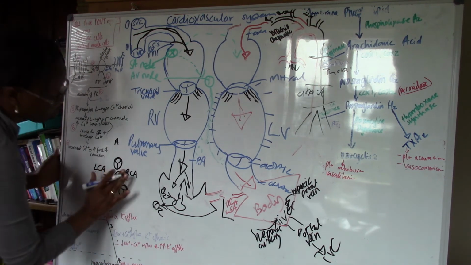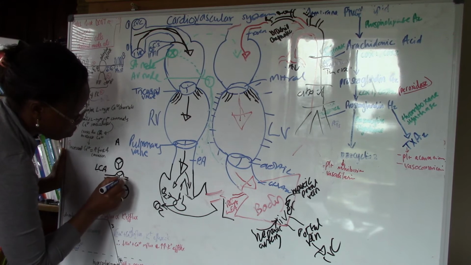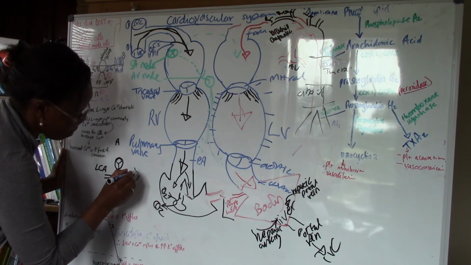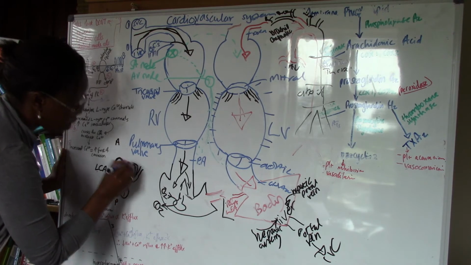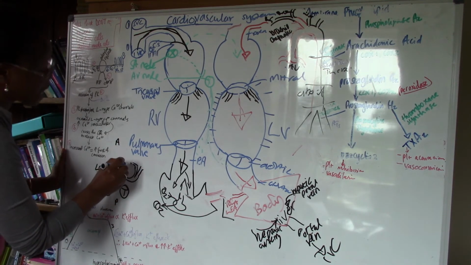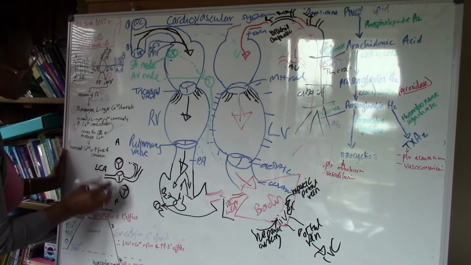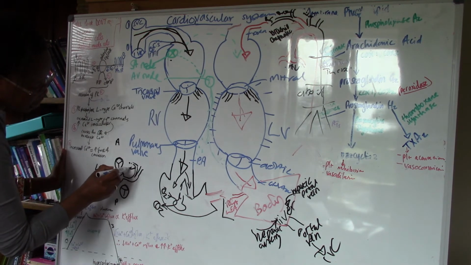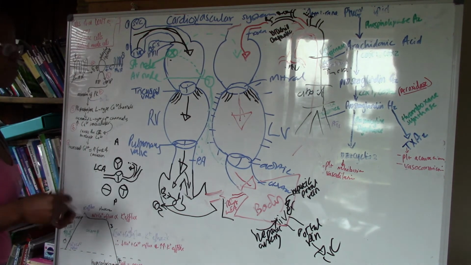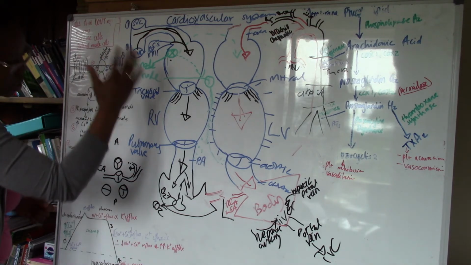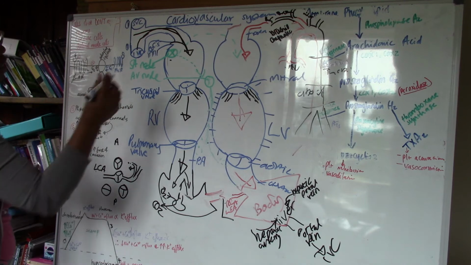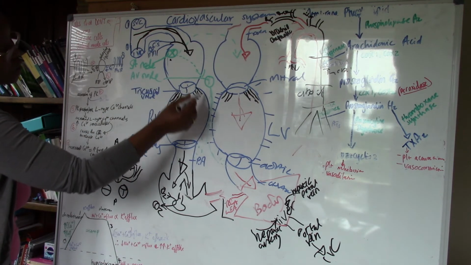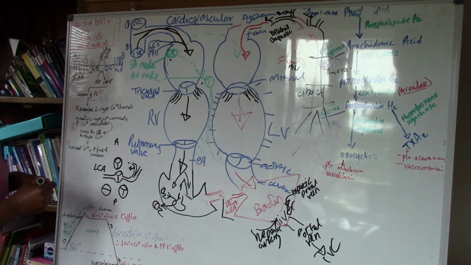The right coronary will then bifurcate and give blood supply to the SA node, which is there. So the branch that it gives is called a marginal branch, simply because it lies on a marginal angle. So that marginal branch then supplies blood to the SA node and the AV node.